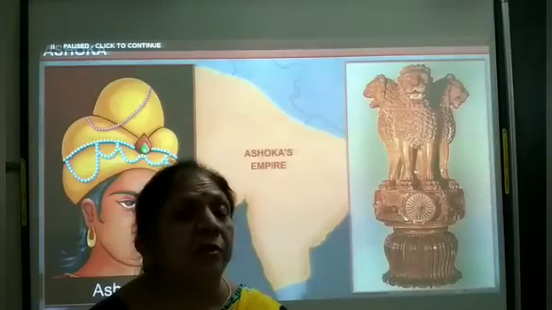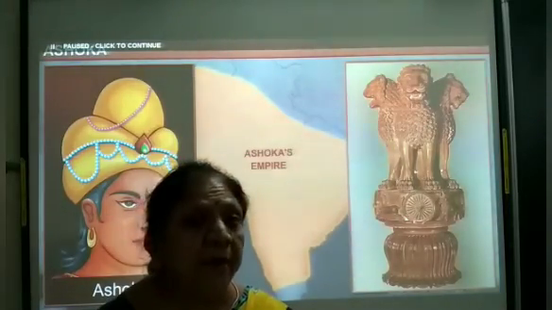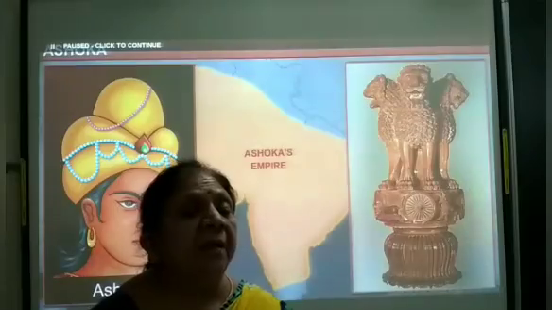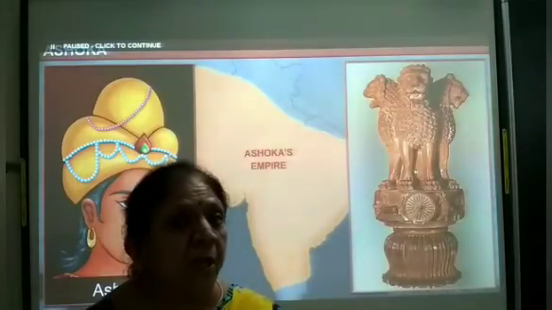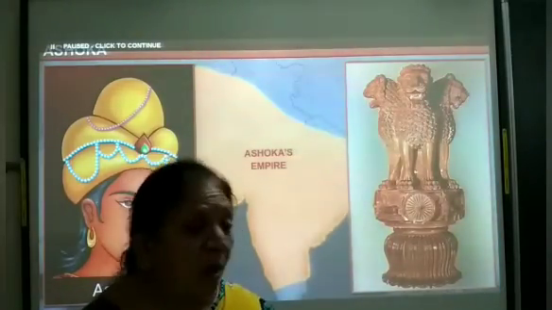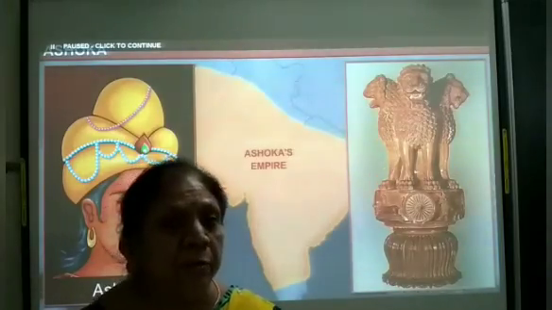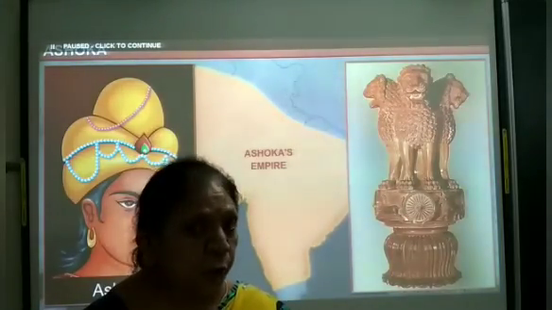All this was started by Emperor Ashoka, and it is because of Chanakya that they could come forward: Chandragupta, Bindusara and his son Ashoka.